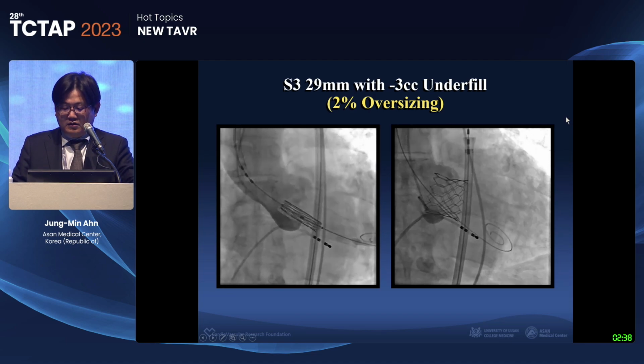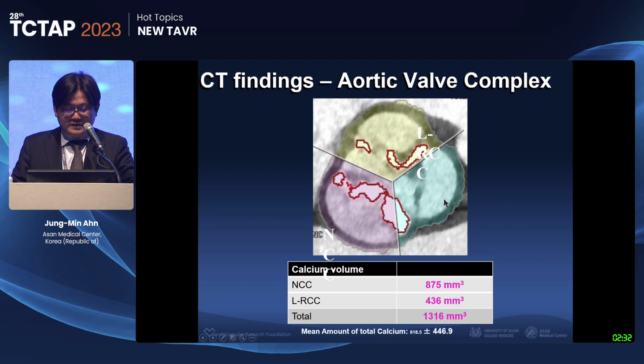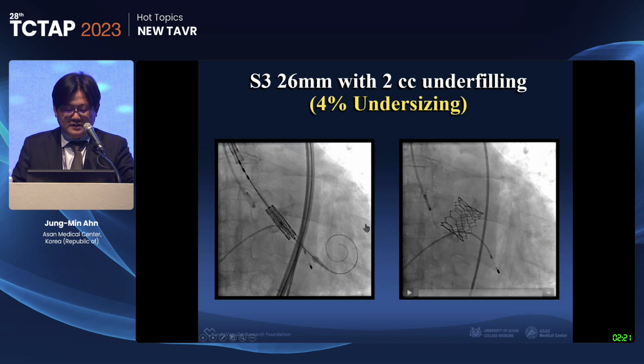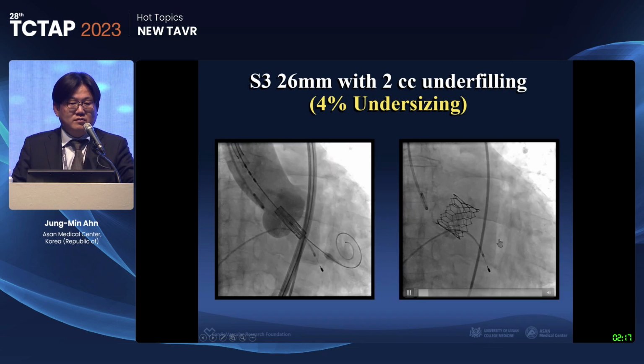The final aortogram looks fine. Another case, 79, 500 annulus, very severe aortic valve calcification, 1,300. We did 2 cc underfilling, finally 4% undersizing, not oversizing. The final aortogram shows an acceptable range of paravalvular leakage.